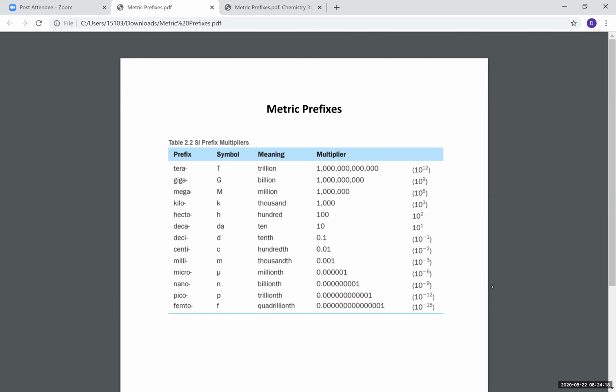For right now, we're going to stick with the most common ones, but ultimately, knowing the common ones will be helpful. And again, those are going to be kilo, deci, centi, milli, and micro. Those are the most common you're going to run into throughout the semester. So you might want to refer to that chart or print it out or keep it open on your screen as we talk about metric prefixes so that you have that.